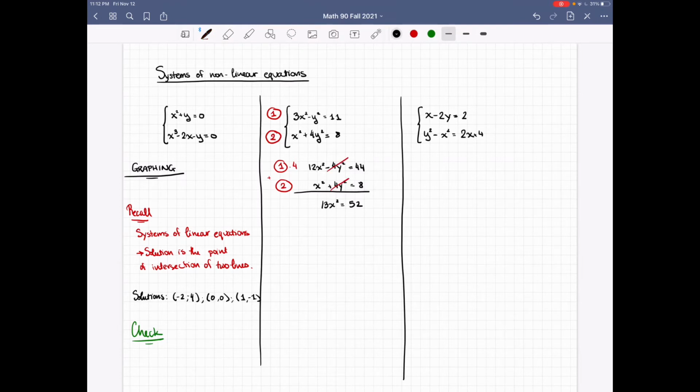From here, I'll divide both sides by 13, so x squared is 4. And if x squared is 4, then x is either positive or negative 2. Okay, so let's see what y is. We can use either one of our equations, so let's look at the second equation to find y.